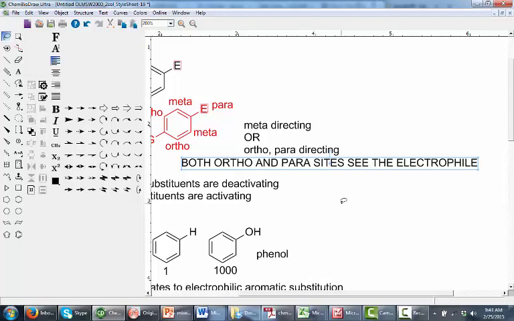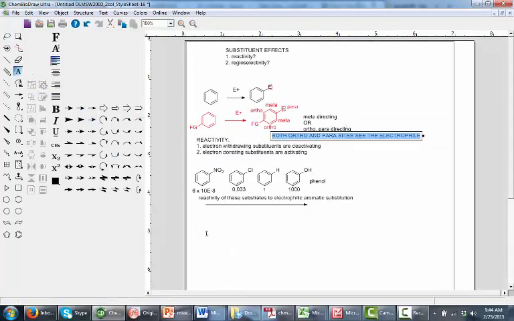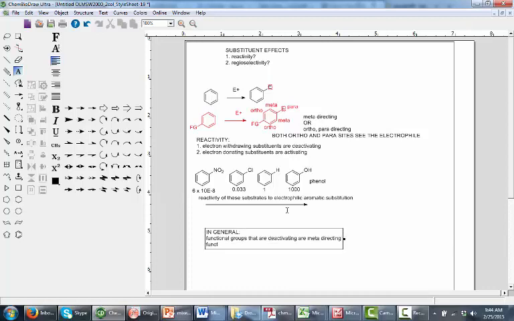In general, functional groups that are deactivating are meta-directing, and functional groups that are activating are ortho-para-directing. Let's write that down. In general, functional groups that are deactivating are meta-directing, and functional groups that are activating are ortho-para-directing.